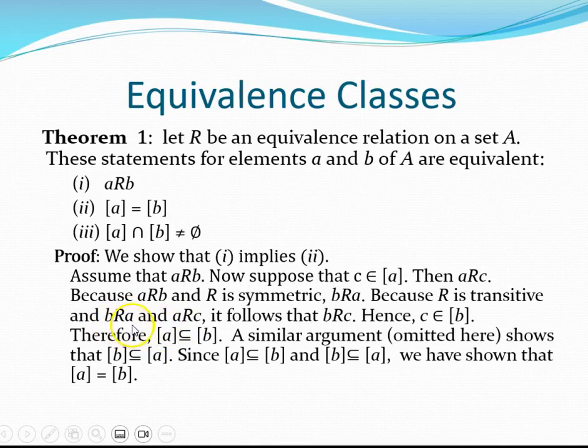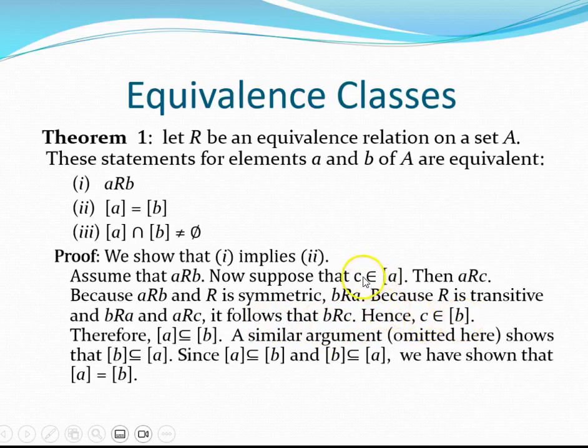Because the relation is symmetric, from a R b we have b R a, and because R is transitive, from b R a and a R c, we have b R c. This means that c is in the class of b.